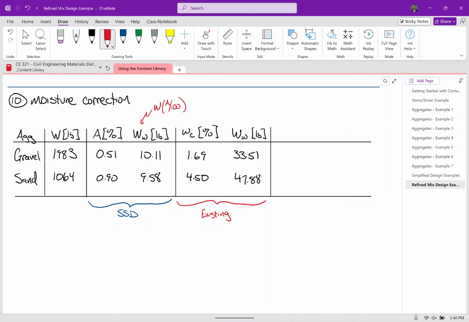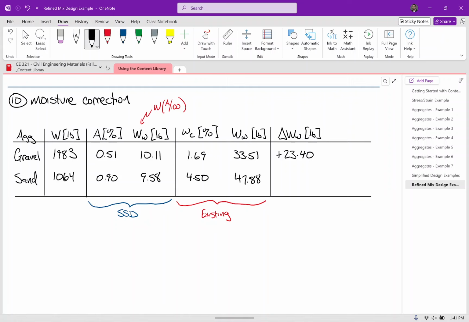What is that excess moisture? We'll call this delta W. So how do we determine that? We just take the difference of this and this. So for that first one, we're going to get plus 23.40 pounds. What about this second one?